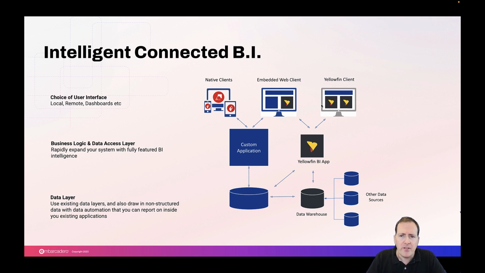But we can also have just the Yellowfin client running. So if we want to provide just reporting access into the system, we can do that directly through the Yellowfin client. You can control access to the system programmatically, which is pretty powerful. Once you add somebody, it doesn't necessarily mean they can get in directly through the Yellowfin client. They may have to come through your application to get in, but you can define it so they can go in both ways as well.